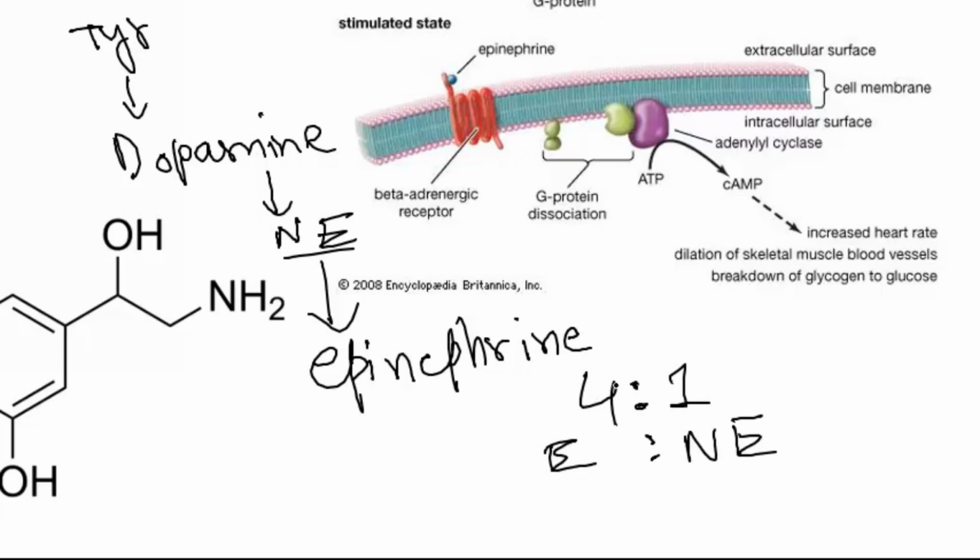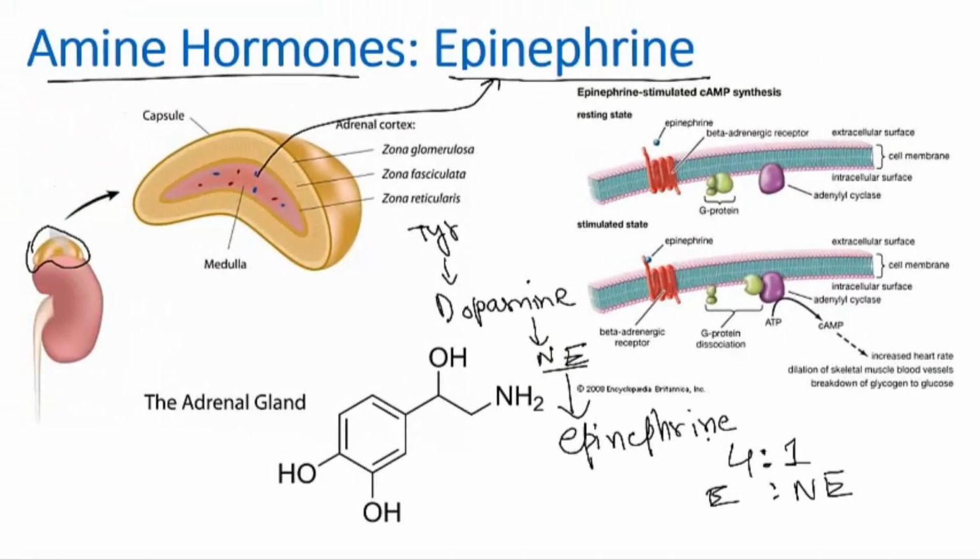Norepinephrine is produced inside the secretory vesicles and is released into the cytoplasm, where it is converted into epinephrine and then absorbed back inside the vesicle for storage. Because for the production of epinephrine we need norepinephrine to be present, the first thing to be produced inside is always norepinephrine.